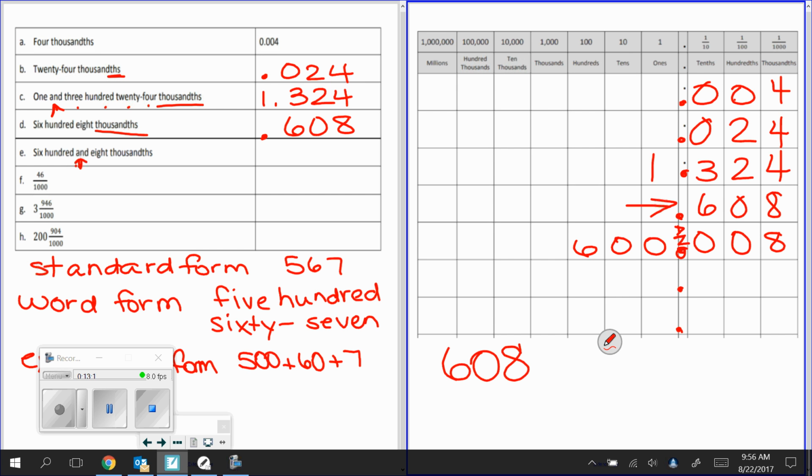You need to get out of the habit of saying 608. This is 608. Because and really means a decimal. It's a hard habit to break, but and means a decimal.